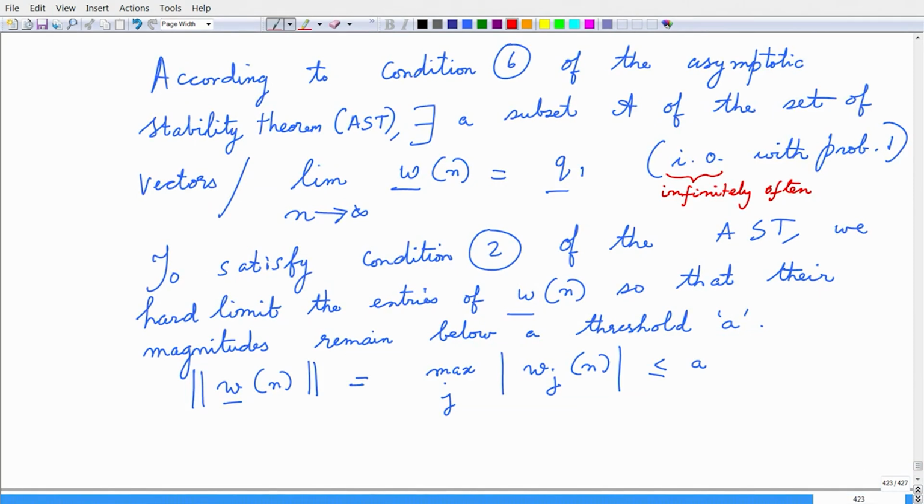Now, from condition 6 of the asymptotic stability theorem, we discussed various conditions. So, if you recall, there exists a subset A of the set of vectors such that in the limit the weight vector equals the eigenvector q1, and this happens infinitely often with probability 1.